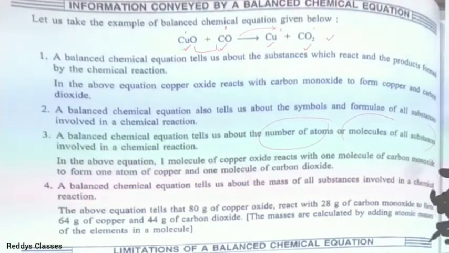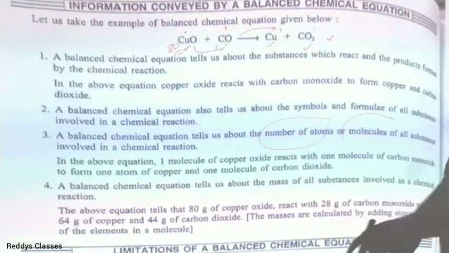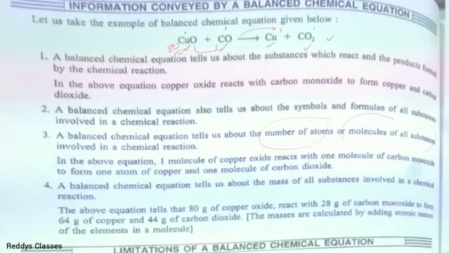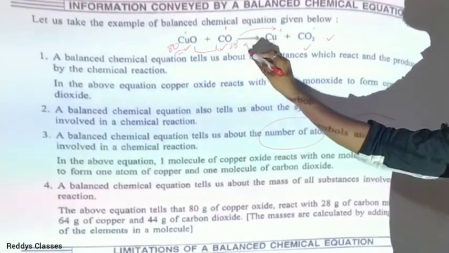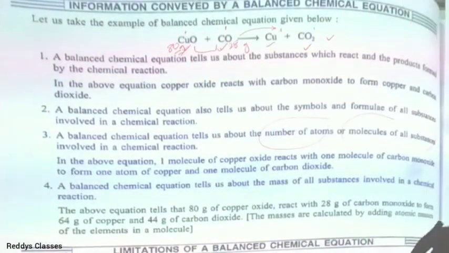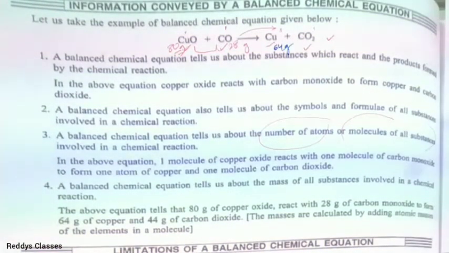Next, a balanced chemical equation tells us about the mass of all substances involved in the chemical reaction. Here, the above equation tells us that the copper oxide used is 80 grams, which reacts with 28 grams of carbon monoxide to form 64 grams of copper and 44 grams of carbon dioxide.